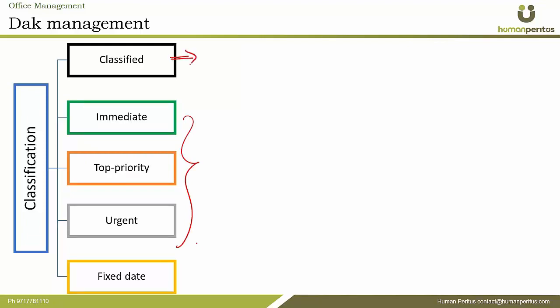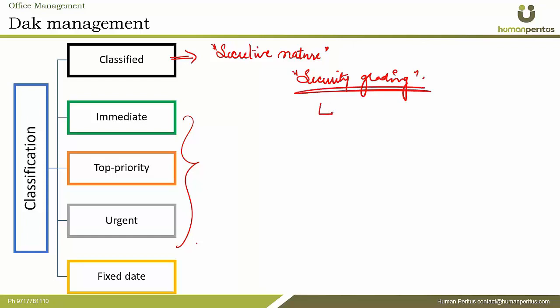Let us understand the classified dak first. Classified dak, as the name suggests, is secretive in nature. So classified dak is basically all the documents that have a security grading. What is security grading? It may bear grades such as secret, confidential, etc.